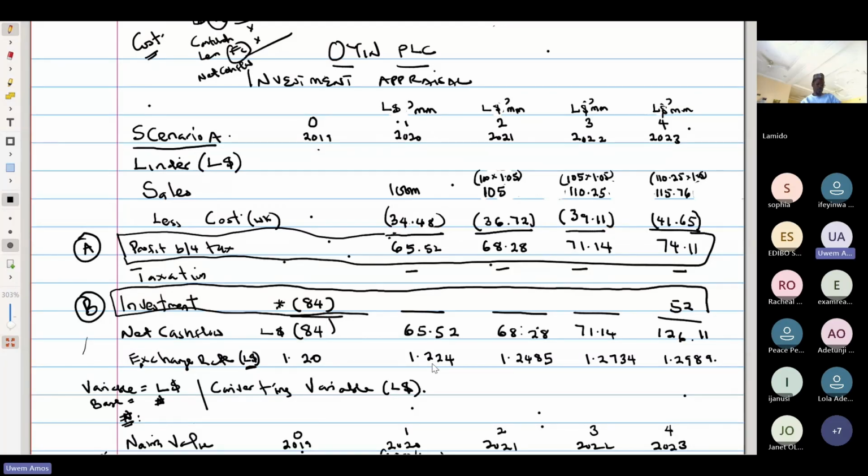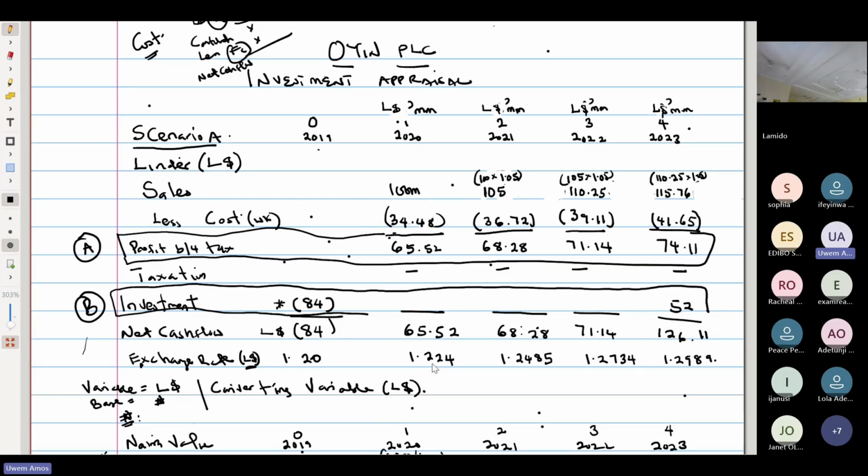Your closing balance at the end of the year is your opening balance the very next day. Your closing balance at the end of 2020 is your opening balance on January 1, 2021. So the applicable exchange rate we would use would be 1.224.